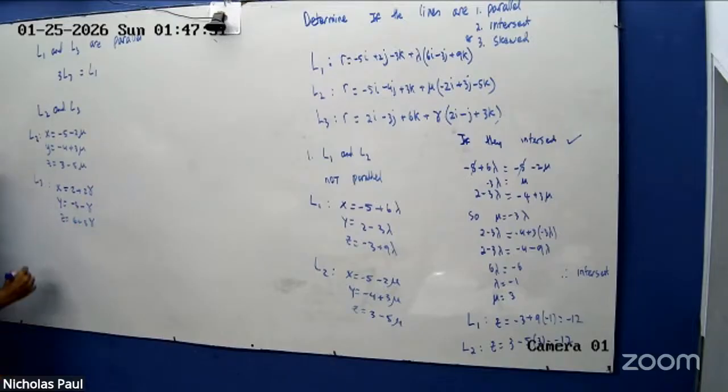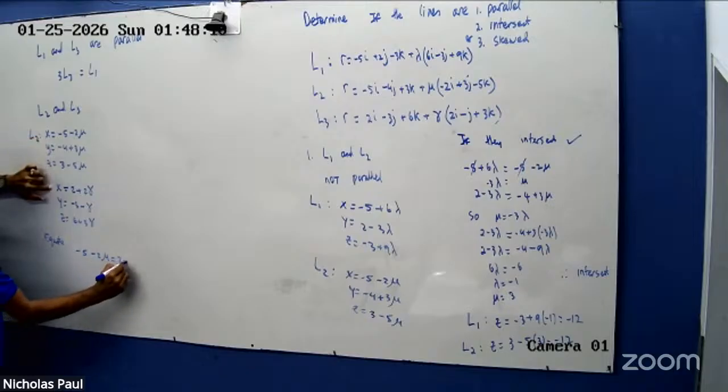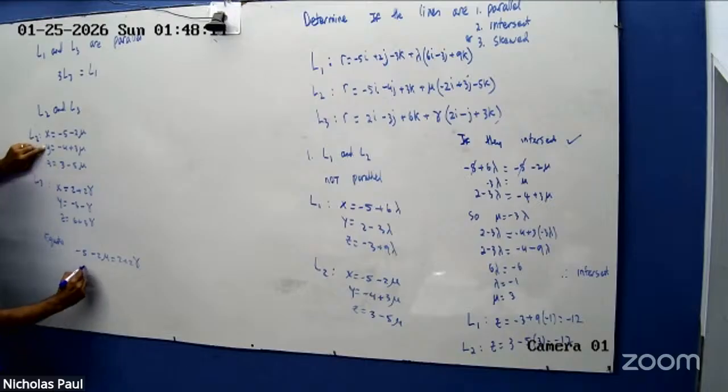And then equate. You don't have to equate x and y if you can equate y and z. It doesn't matter, right? Put your values back into the next one. So equating these two here, that's minus 5. And then I equate in here, minus 4.